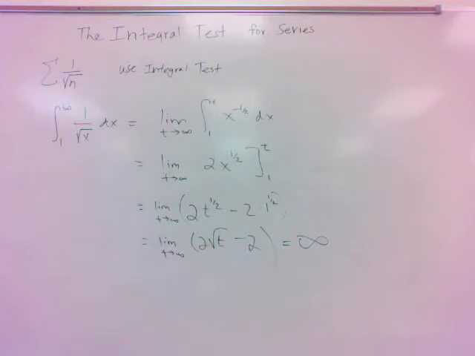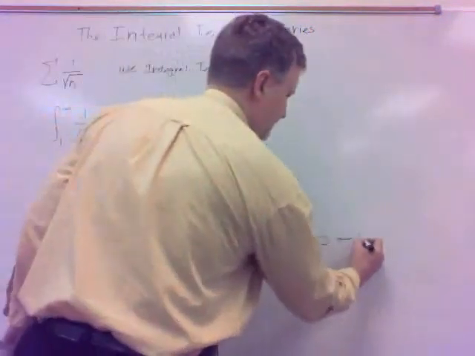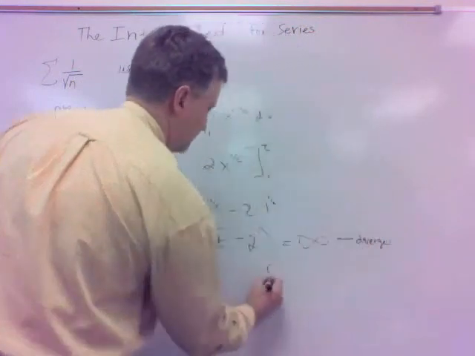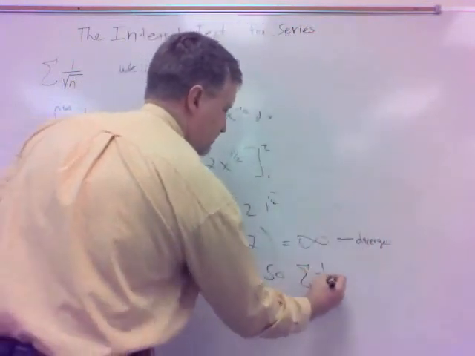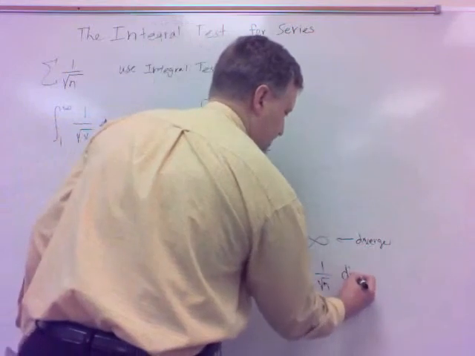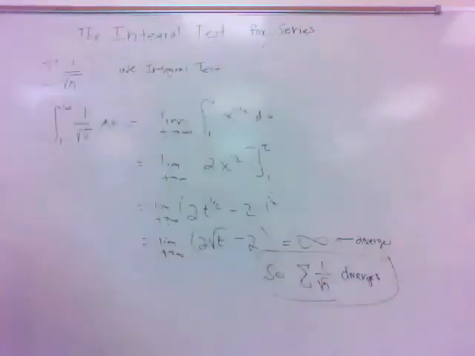All right. So, what does that tell you about the series? Well, the integral diverges. So does then the series. So making that one little change, instead of n squared, I've got the square root of n, but it makes a whole big difference because that series diverges.